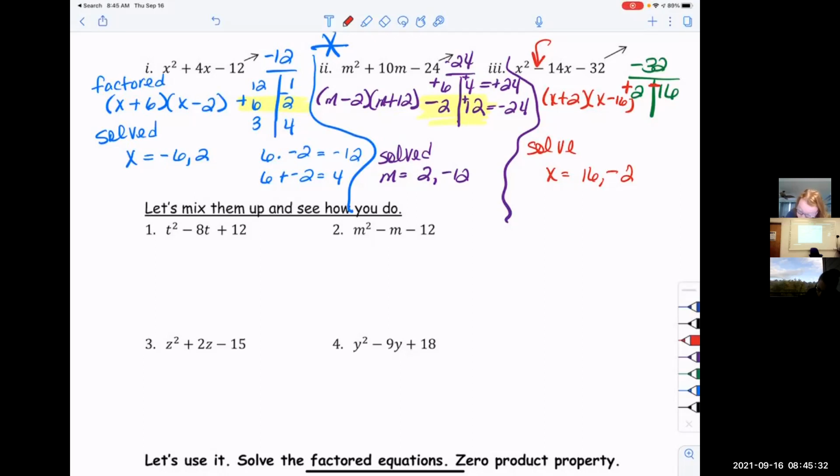Just watch those signs. That's the biggest deal. Yes. You go ahead and do both the factoring and the solve, so we can just practice for both at one time. Okay. That's fine, that's fine.